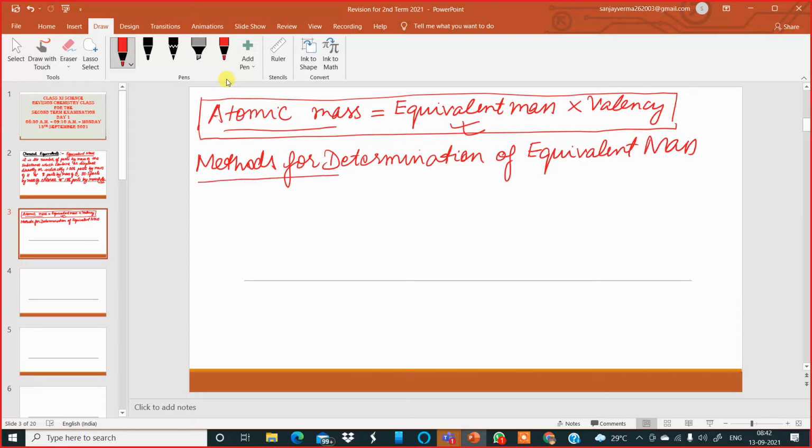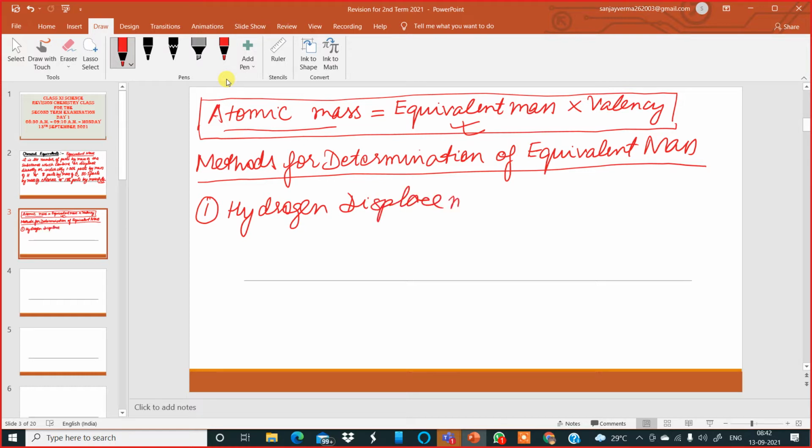Under this, the first method is called hydrogen displacement method, where the equivalent mass of metal can be found out.